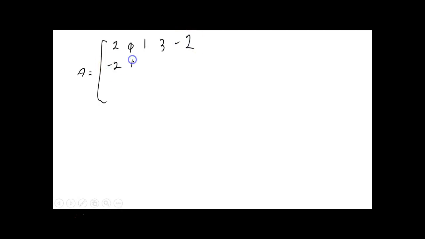Negative 2, 1, 3, 2, negative 1. 1, 0, negative 1, 2, 3. 3, negative 1, 2, 4, negative 3. Didn't come down far enough here. 1, 1, 3, 2, 0.